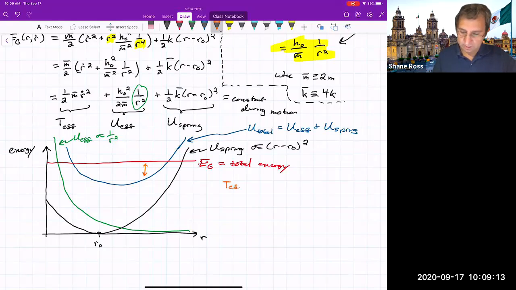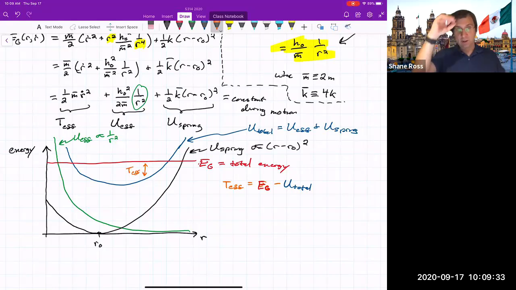Because we could write T effective equals E minus U total. Maybe I could do E in red just for fun. Okay, so we've got that expression. The distance between the red and the blue curve is the effective kinetic energy, which is also 1/2 m bar r dot squared.